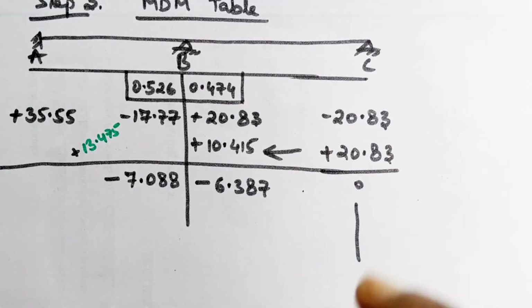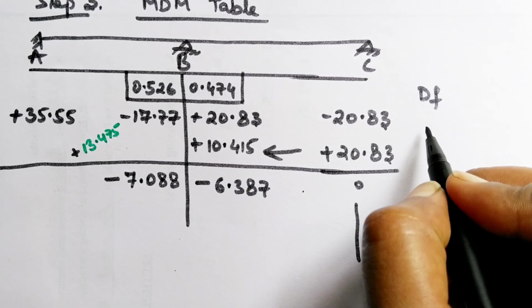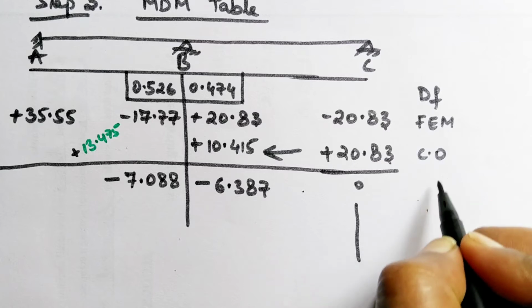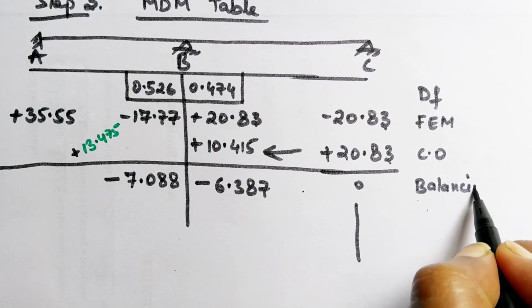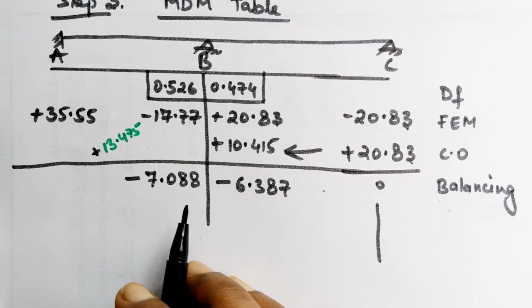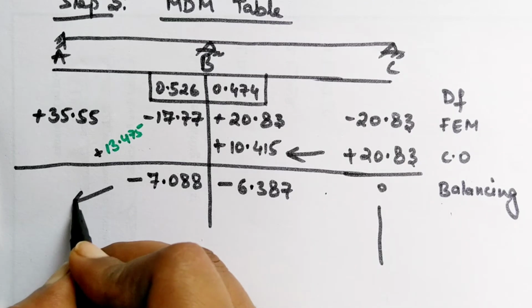This is a pin joint, nothing will be going to a pin joint. This is your DF, this is your FEM, this one is your carryover, this one is your balancing moment, and the next one will also come out to be a carryover. So in this question, these moments came, nothing will go to the pin joint.